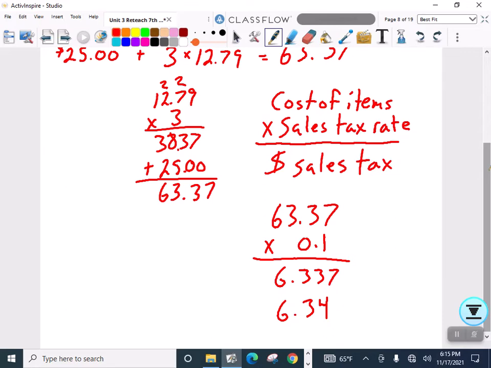Okay, so that's the tax. $69.71 is the answer.